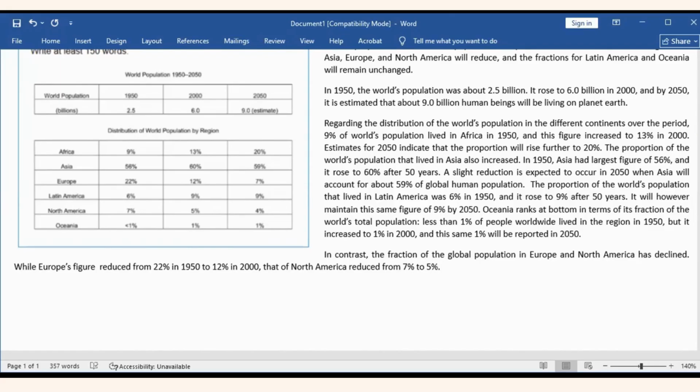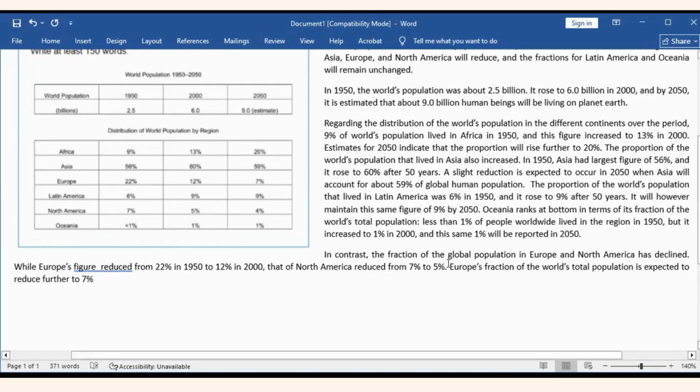Europe's fraction of the world's total population is expected to reduce further to 7% by 2050.